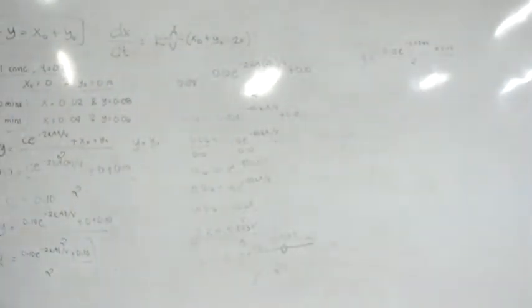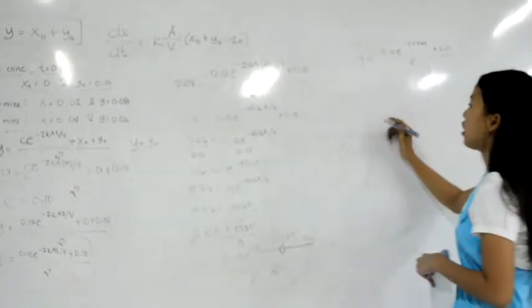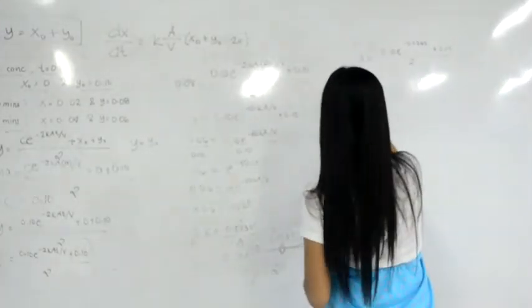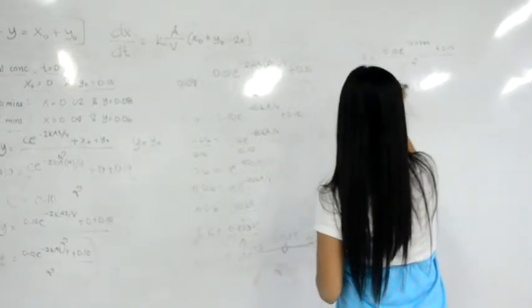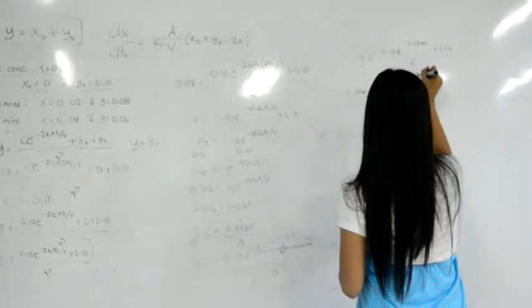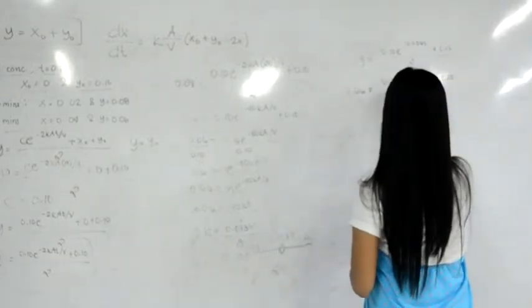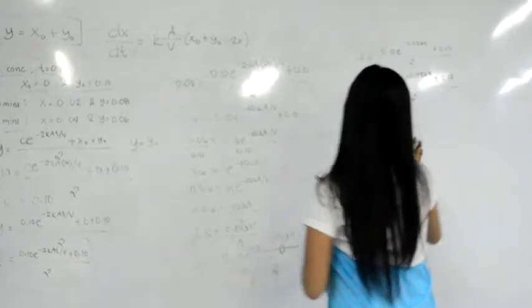Now, the last question: what will be the time if our compartments will be 0.04 and 0.06? We're going to substitute those given values into this equation. So this now becomes 0.06 is equal to 0.10 e to the negative 0.026 t plus 0.10 all over 2.